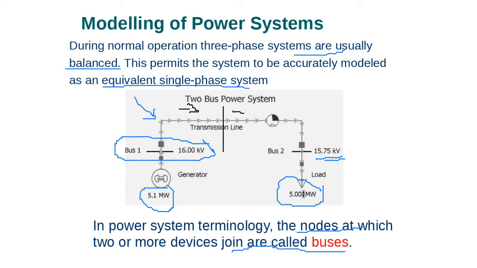By using transformers or shunt capacitors, we can do a number of things on this bus. And this bus, although there is no load, we also call it a load bus, although it's a T bus, a transfer bus, but it is also considered to be a load bus.